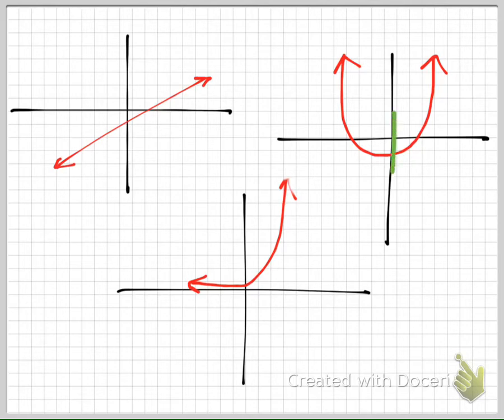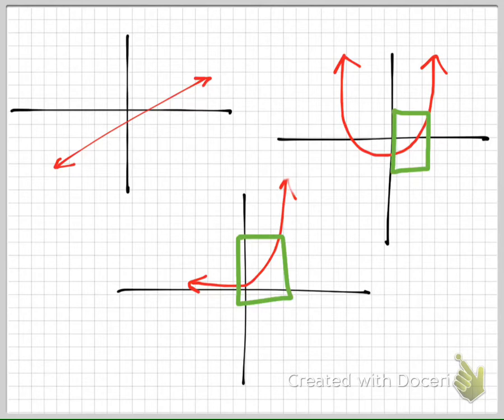Just this part right here and this part right here. What do you notice about those two if you just focused in on those two? They aren't the same. They just look very much the same.